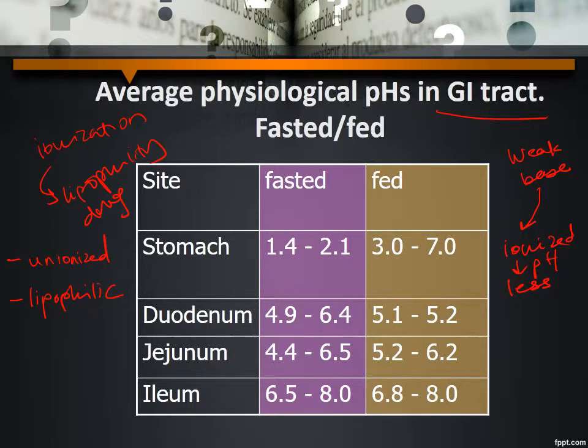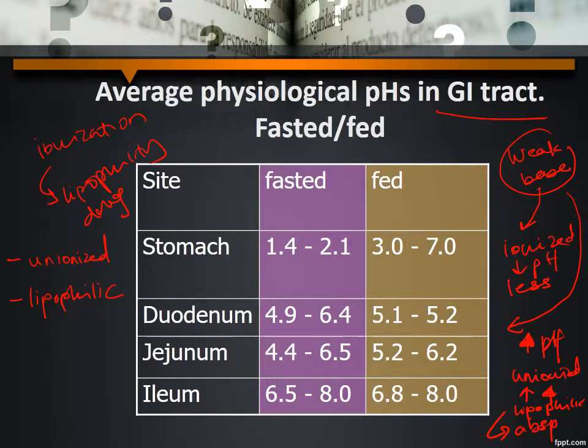And when the weak base enters the intestine, which has a higher pH, the unionized form will increase, and this will increase the lipophilicity of the drug, and hence increase absorption.